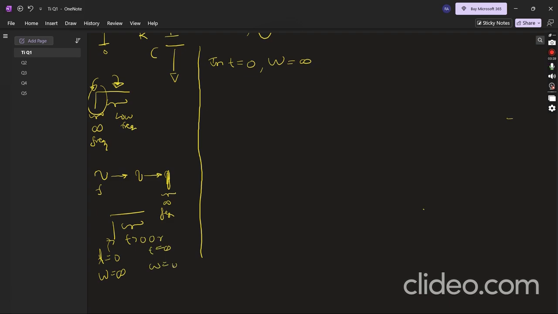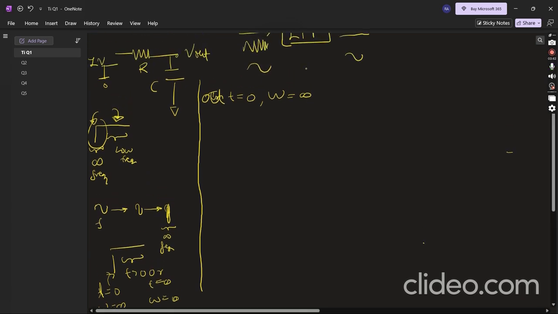This part has 0 frequency. At t equal to 0, omega is infinite due to this capacitance.